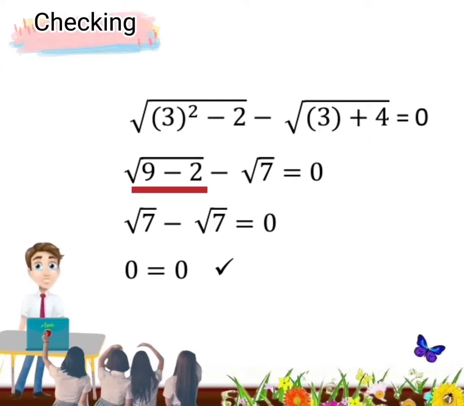Then 3 squared is equivalent to 9 minus 2 minus the square root of 7 is equivalent to 0. Then 9 minus 2 is equivalent to 7, so that is equivalent to the square root of 7. Bring down negative square root of 7 is equivalent to 0. So again, 0 is equal to 0.